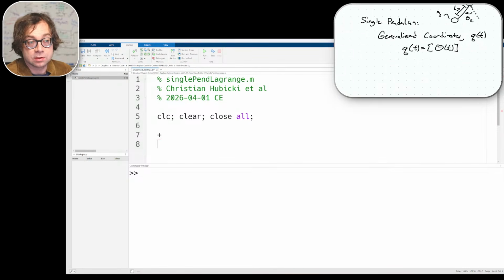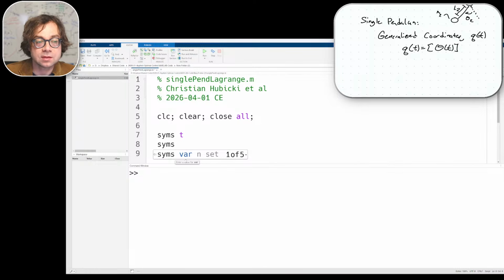So let's create some symbols. First symbol, let's make time. Then let's make some new symbols. You can put it on the same line if you want, but I'm going to say theta of t. I'll call theta th. That's theta, and I can make it a function of time. I'll show you what I mean.